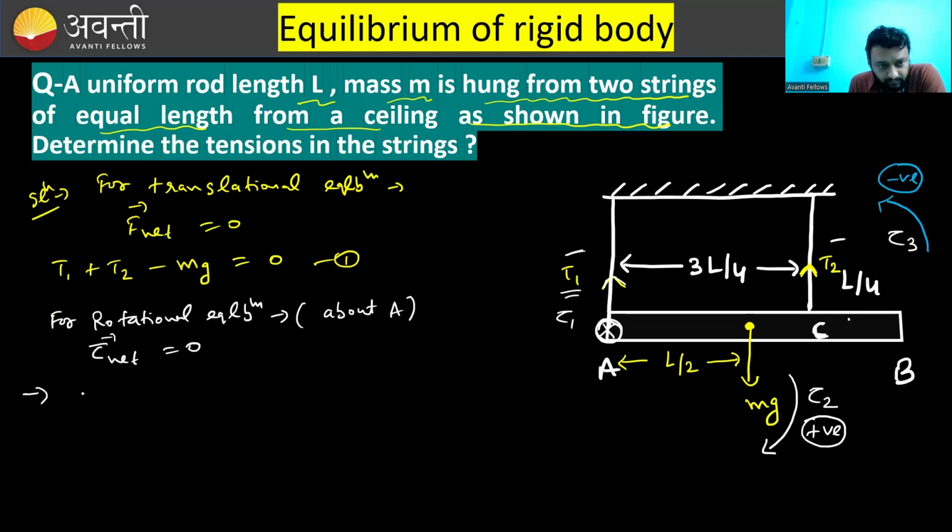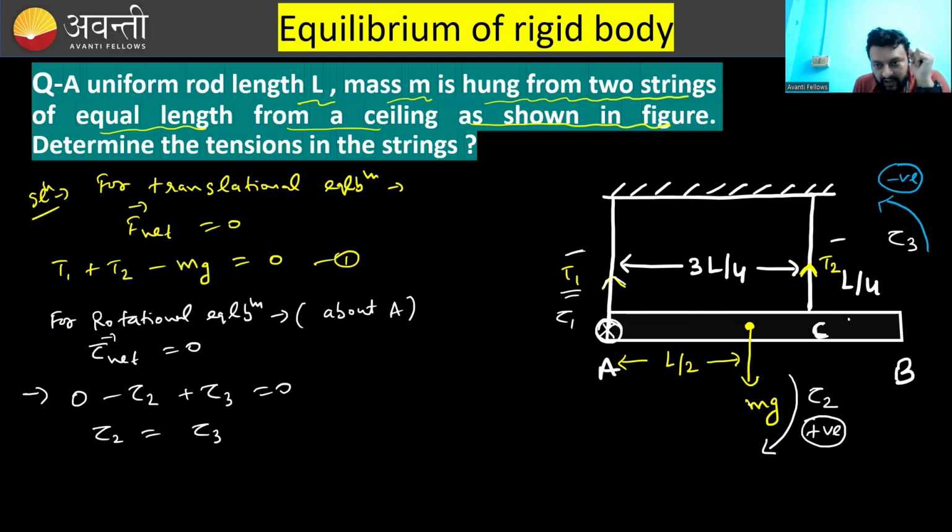So net torque we can write: tau 1 is 0, minus tau 2 and plus tau 3 is equal to 0. So can you again see that tau 2 is equal to tau 3? Now, what is the value of tau 2? Tau 2 is force into mutual perpendicular distance.